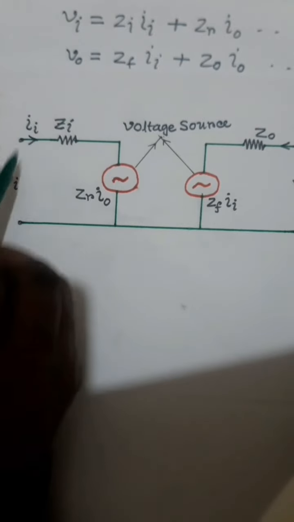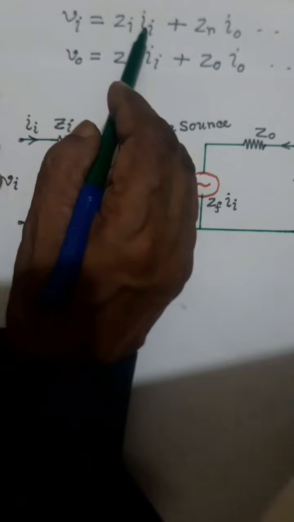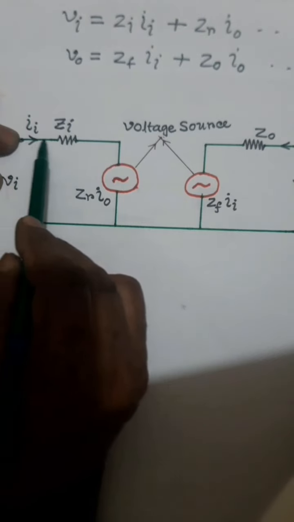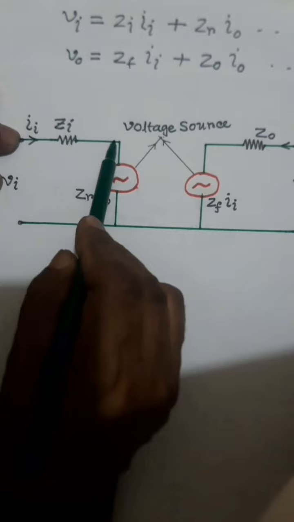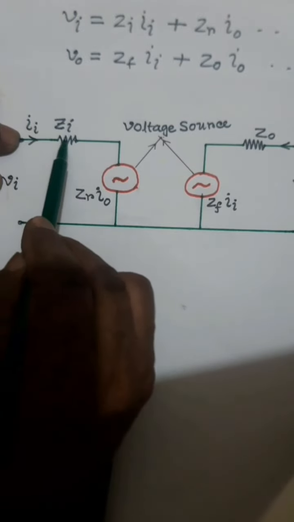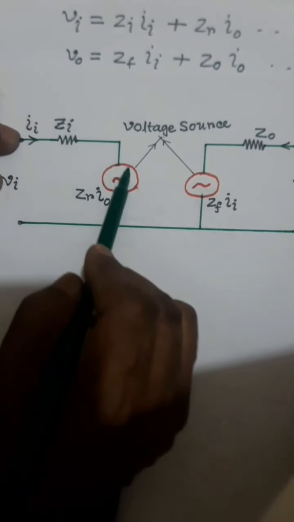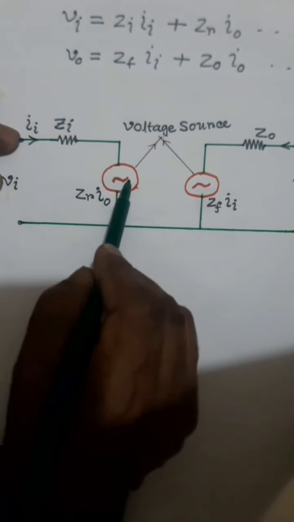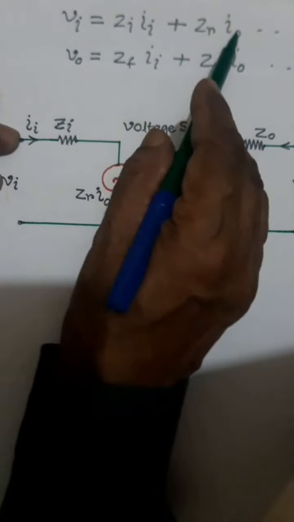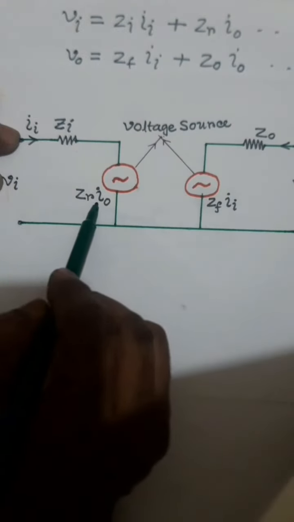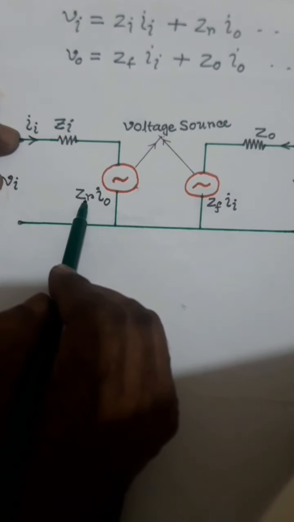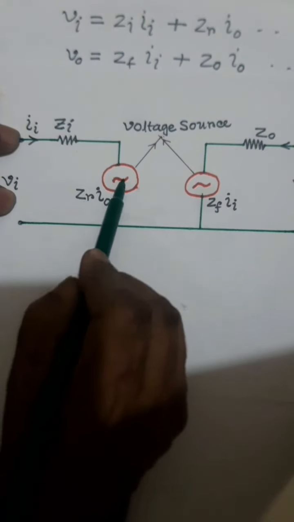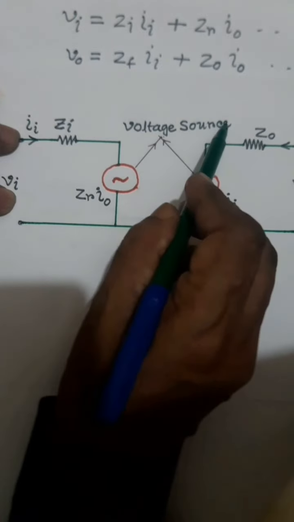Vi, the input voltage, has two parts: Zi Ii, where Zi is the input impedance through which a current Ii flows, and another part of the voltage, Zr Io, output current into reverse impedance Zr. It is a voltage source.